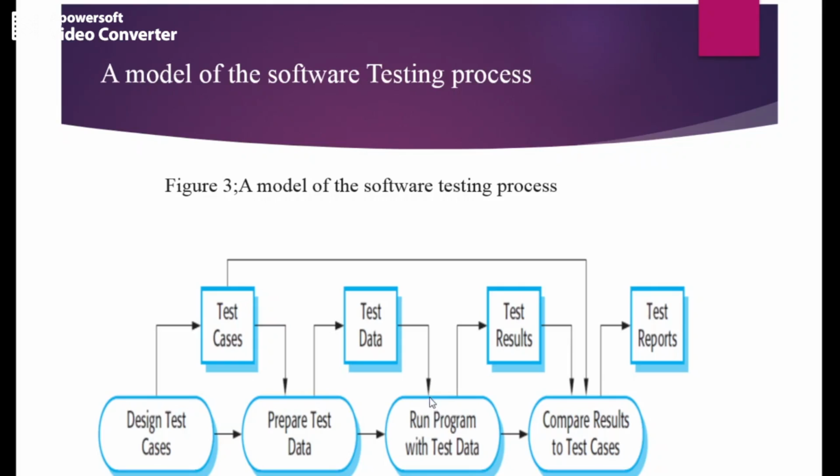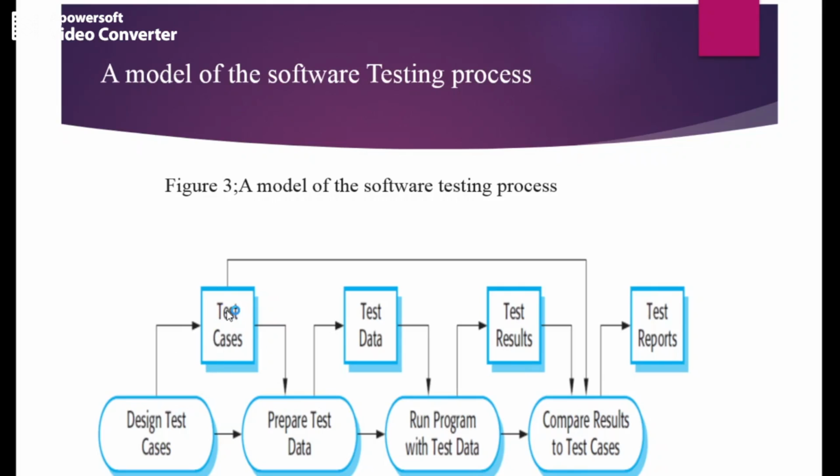Next, you have the data, so run the program with test data. After running, you will get the results. Test results, store them. And then compare the results to the test cases. You have to compare your test results to the test cases which you have designed.